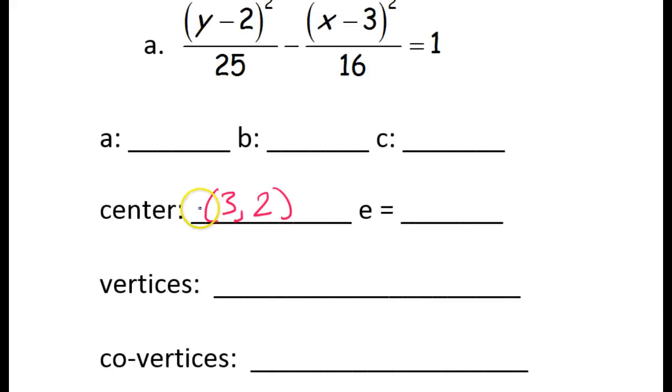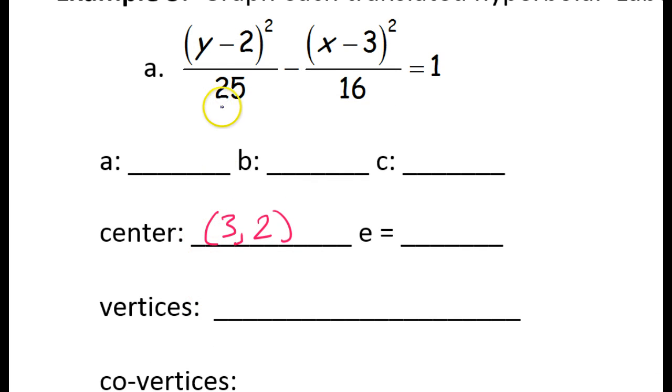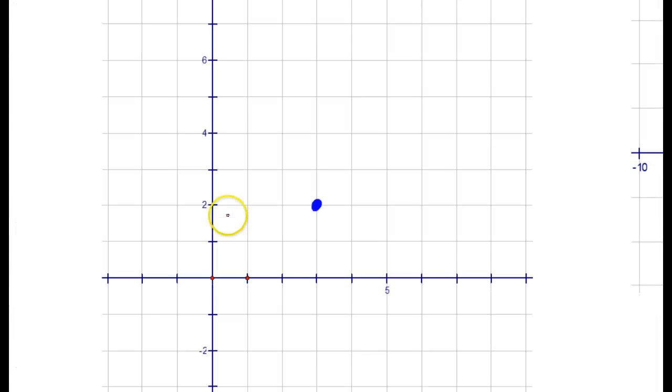Now let's find the vertices by finding the a value. So we know that this first denominator is going to be a squared. So that means a is 5. This will lead us to the vertices because I'm going to do plus and minus 5 from the center. Now notice that this 25 is the denominator of the y term. So I will do my plus and minus 5 in the y direction.